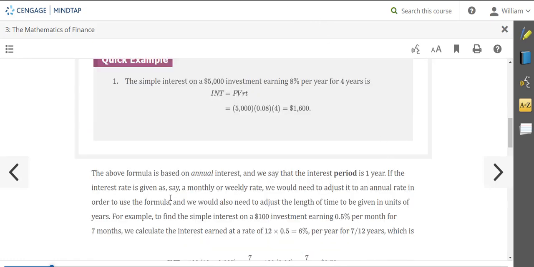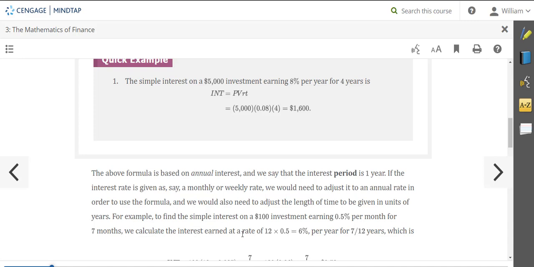We could also talk about an interest given monthly or weekly, and then we'd need to adjust it to an annual rate in order to use this formula. For example, suppose we had a simple interest on a $100 investment, but it was 0.5% per month. So this is 0.5% per month for 7 months.